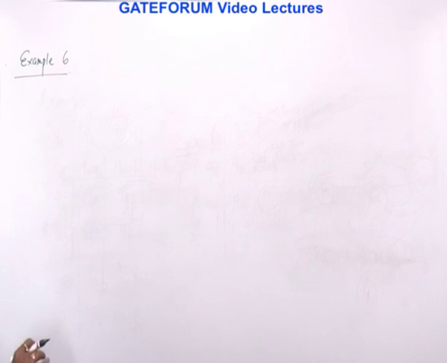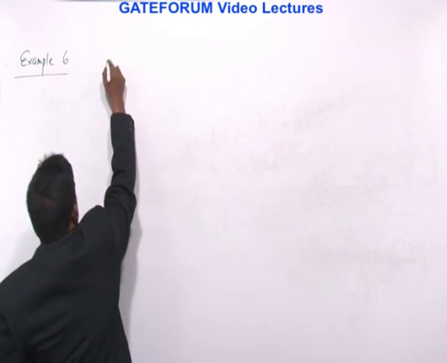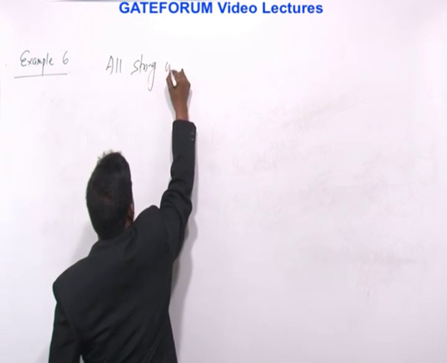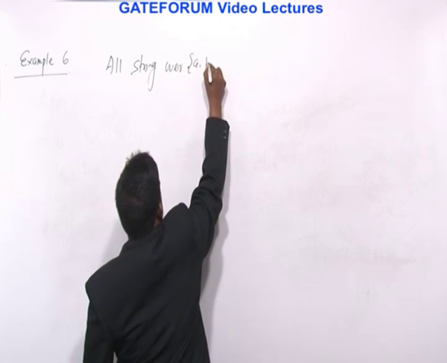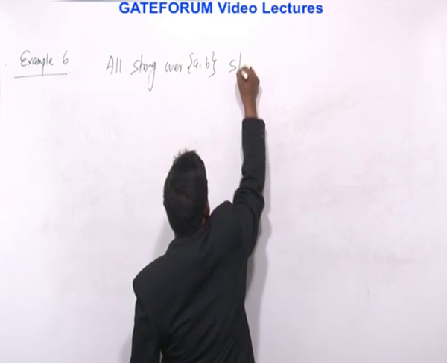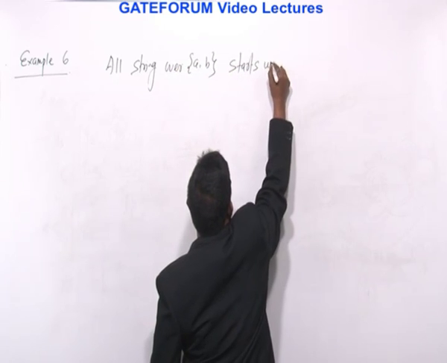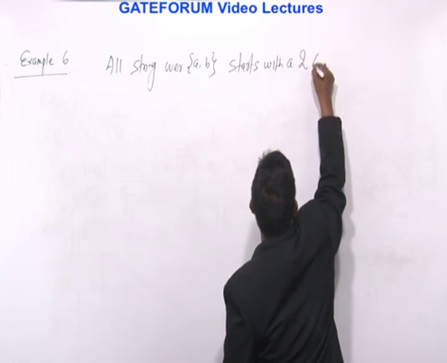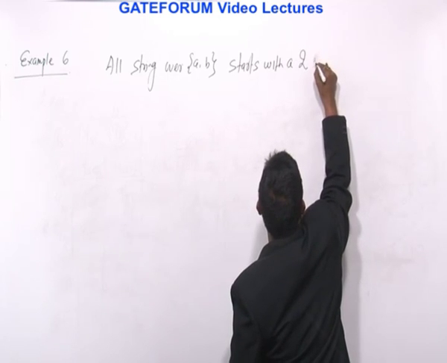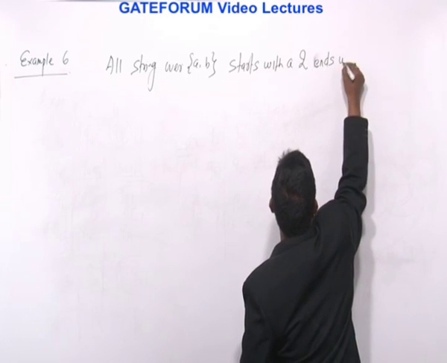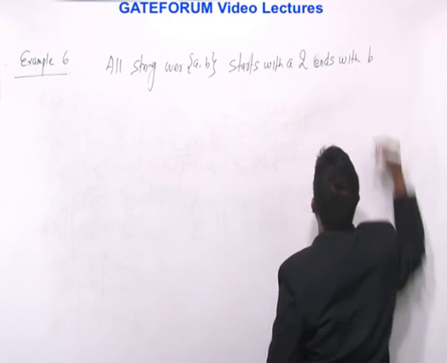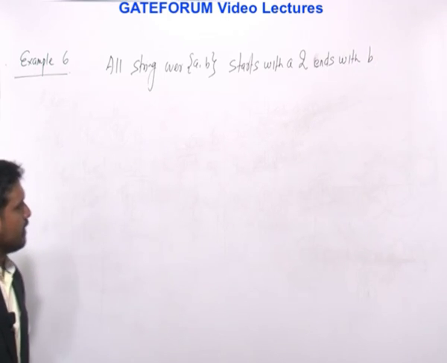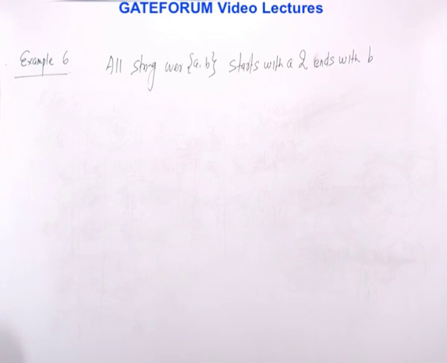So let's go with this. Example number 6: all strings over A and B that start with A and end with B. In this particular case we want to learn a new method.